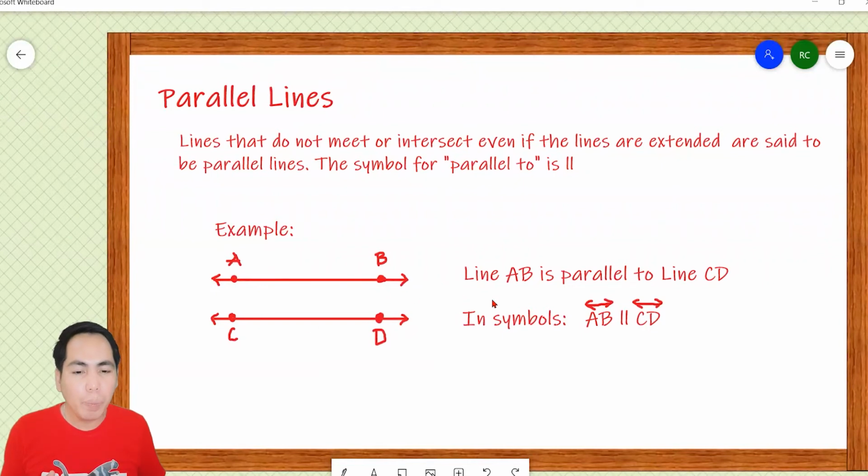On this end also, even if we extend this line in this direction and this line CD also in this direction, they will never meet at any point. So when two or more lines do not meet or intersect, no matter how we extend the lines, they are said to be parallel lines.